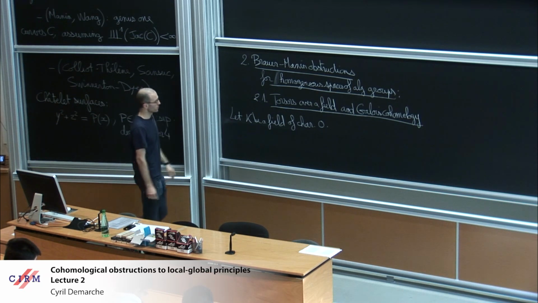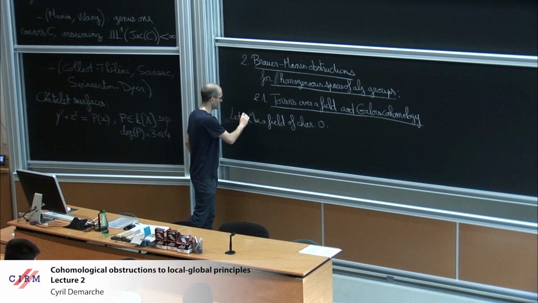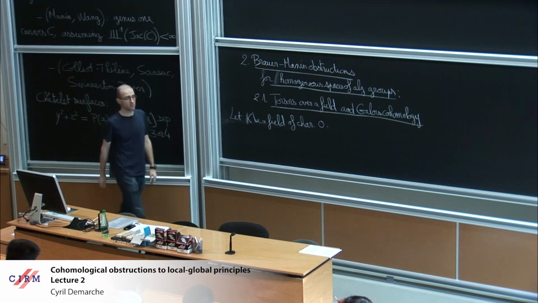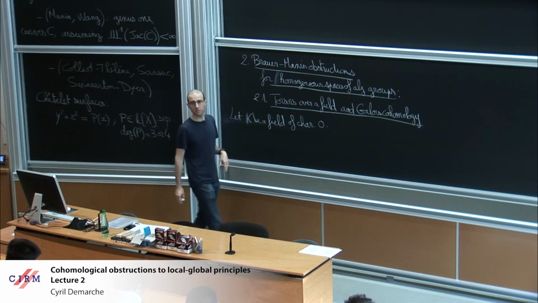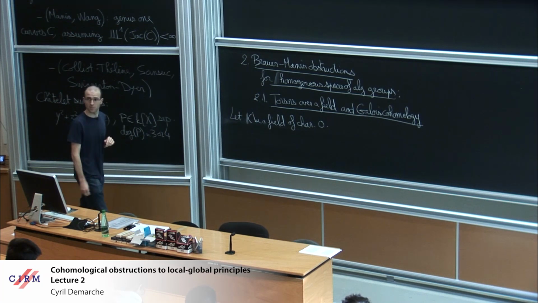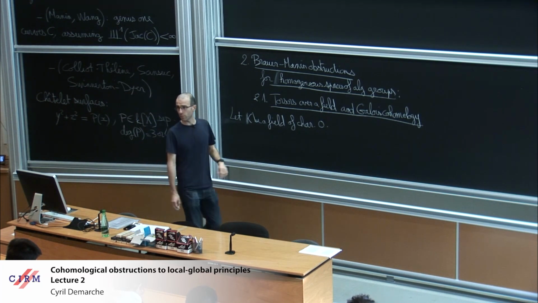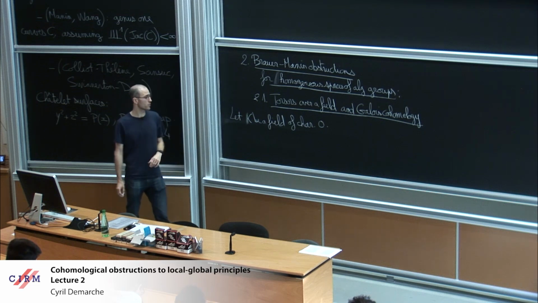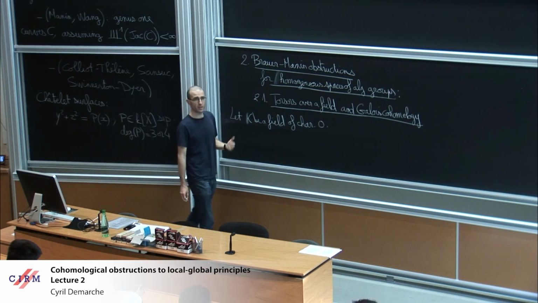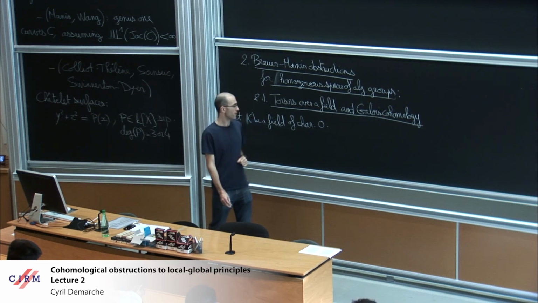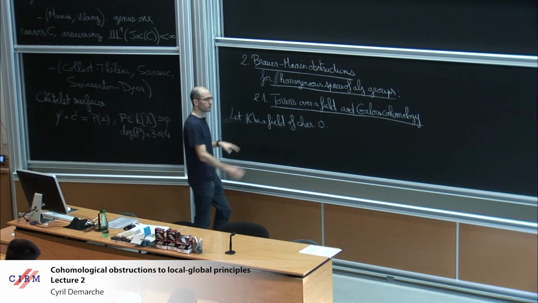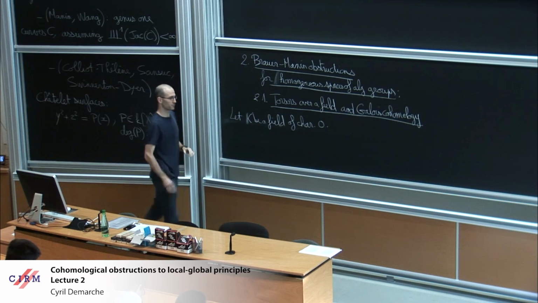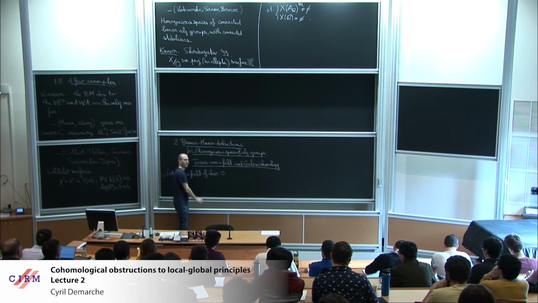For people who want a more general version of the statements that follow, you can adapt it to an arbitrary field, but you have to be a little careful about what you call an algebraic group. You have to put some smoothness assumptions, and you have to replace the algebraic closure by the separable closure. And essentially, it works the same. But for safety, we will keep this assumption in mind.